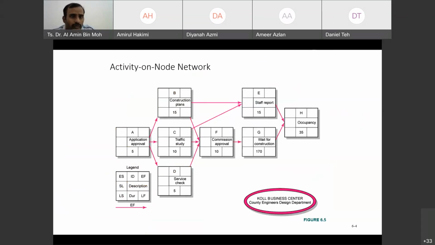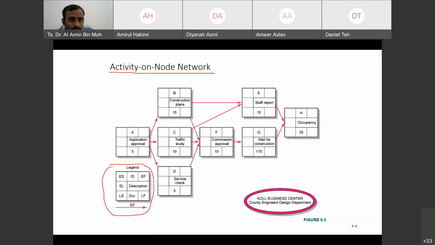When you draw activity on node, we have activity on node and activity on arrow, but for the scope I decided to just focus on AON. So this is how it will look when we complete the network diagram with the boxes, and this is the legend for you to clearly understand.